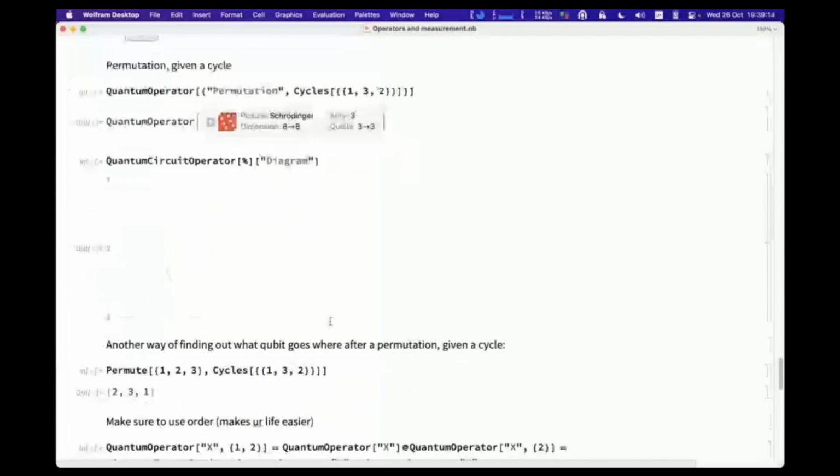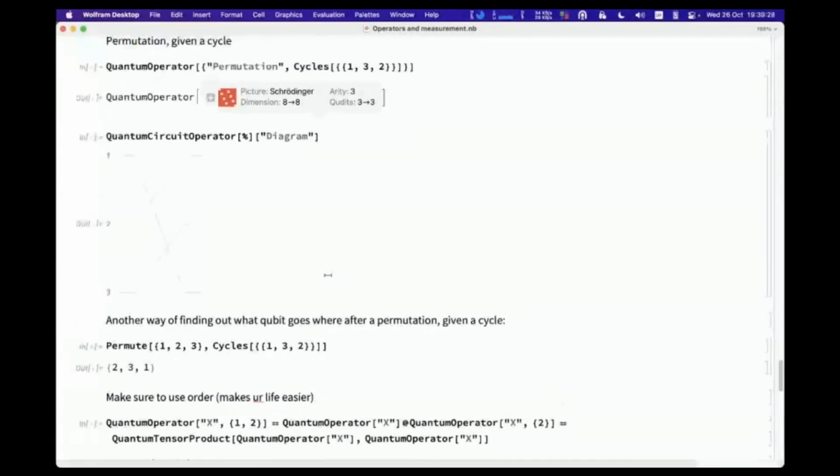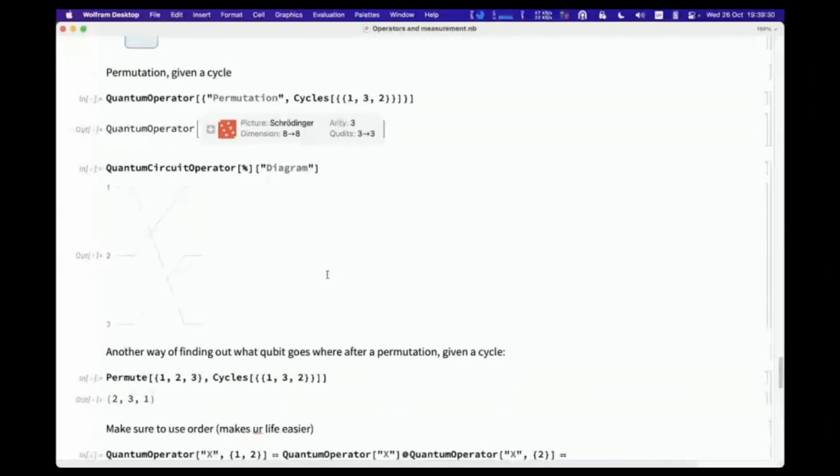When you are working with any operator, like the permutation example we have here, since it's a cycle, many of you may not be sure how the cycle works, one by one, with the last one also permuting to the first one. So we can always look into the corresponding circuit diagram.